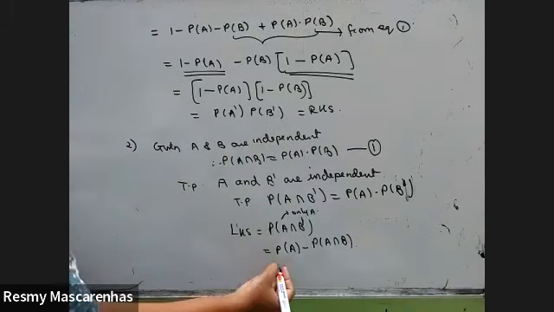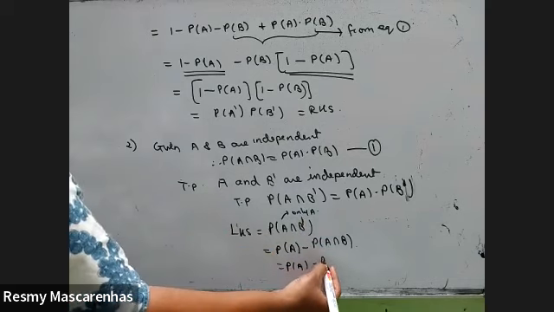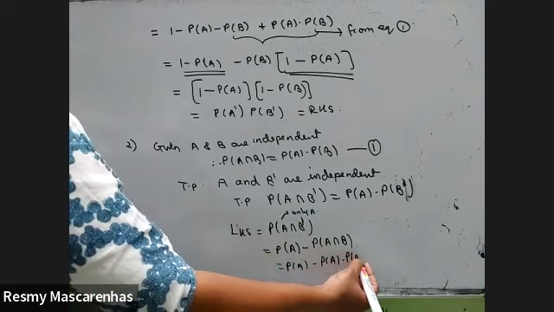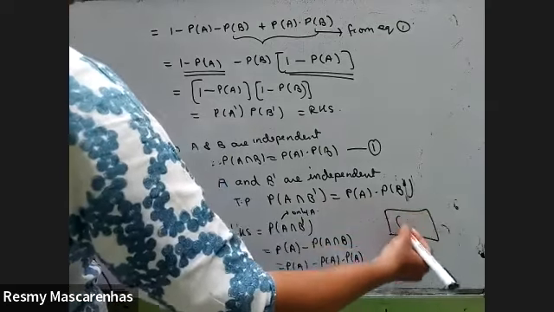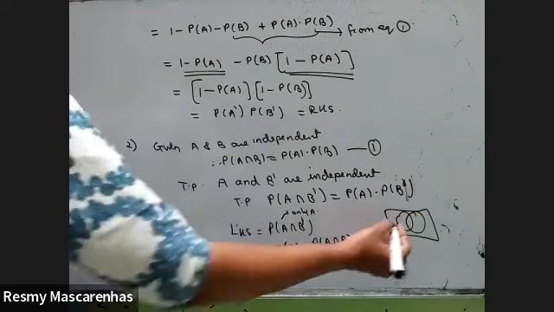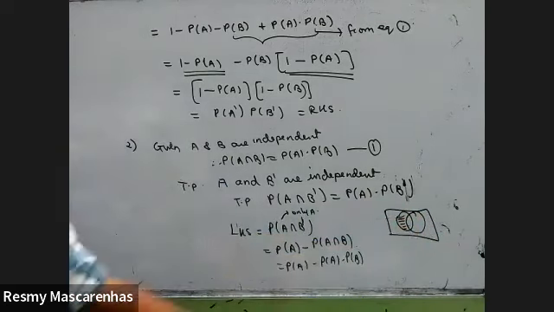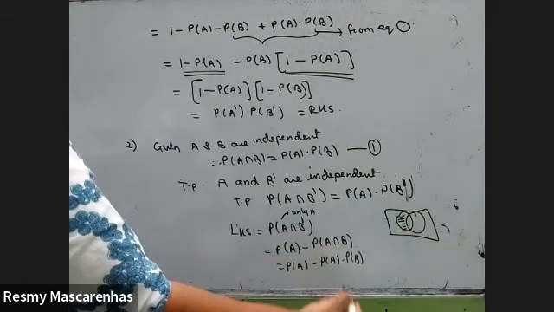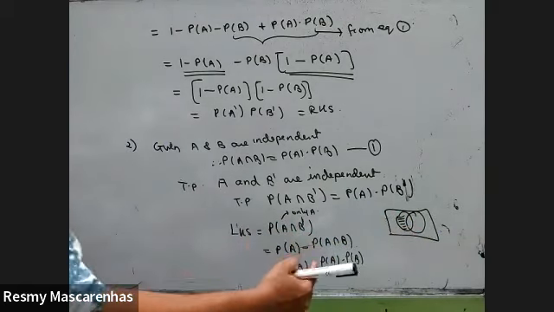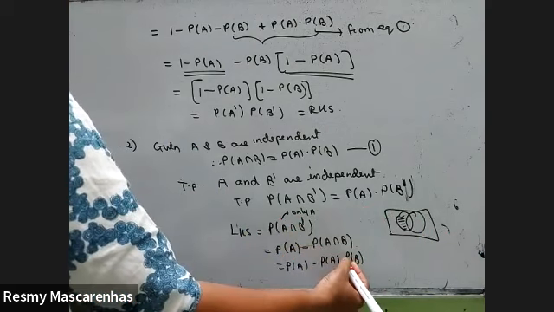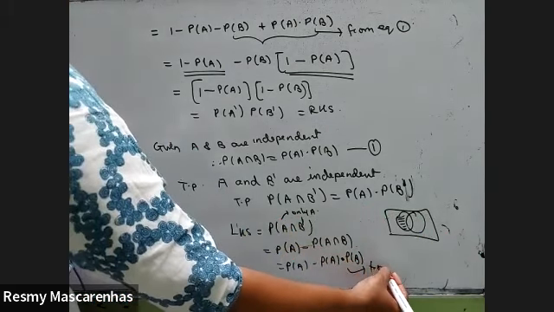Again apply your P of A, because this is what has been asked. Only A, this part I want. So it is P of A minus P of A intersection B. Same, only a formula. This is from equation 1.